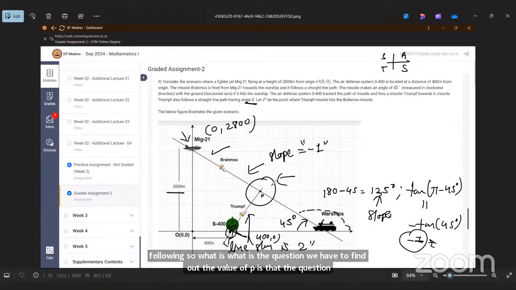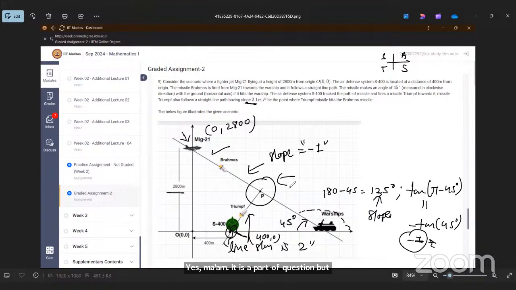Yes, ma'am, it is a part of the question, but the main thing is we have to find the speed. There is another screenshot. Yes, ma'am, I have sent 2 pictures. This one?